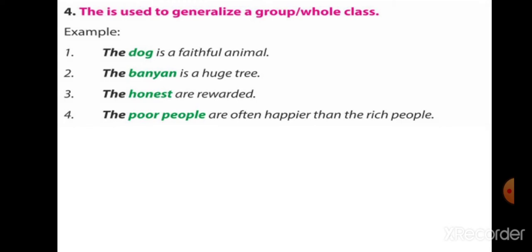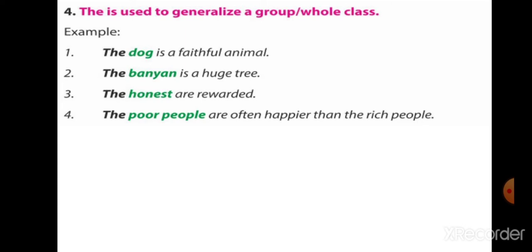The is used to generalize a group or a whole class. For example, the dog is a faithful animal. Here, the dog means we are talking about the whole class of dogs. The banyan tree is a huge tree, meaning all banyan trees are huge.